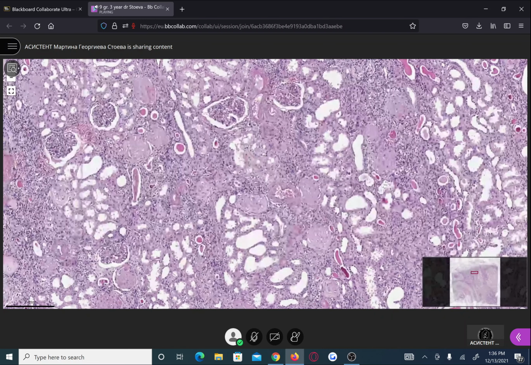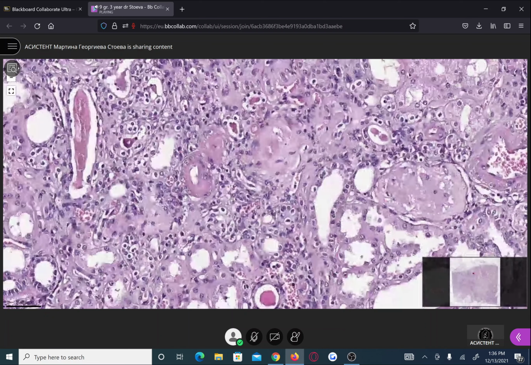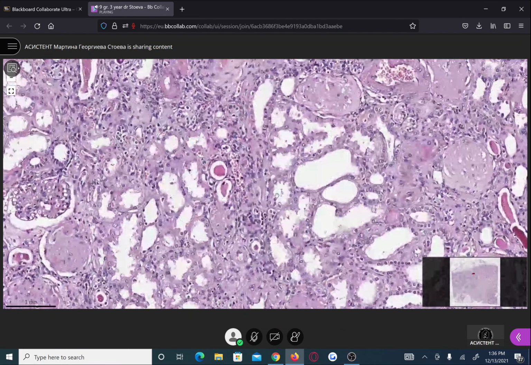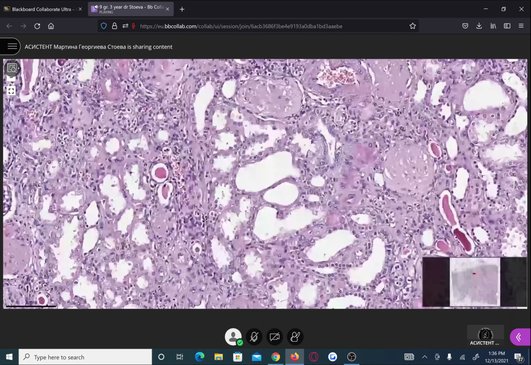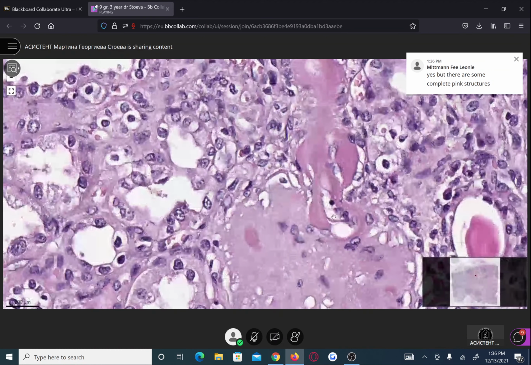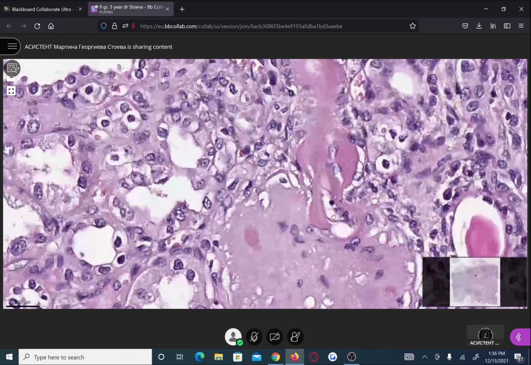The hyaline is in the blood vessel wall, but not in the lumen. The lumen is narrowed because of this thickening of the wall, but still there is some lumen with erythrocytes. Hyalinization is a process of deposition of hyaline in the extracellular matrix.